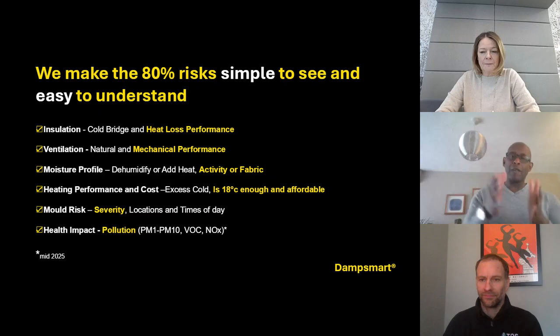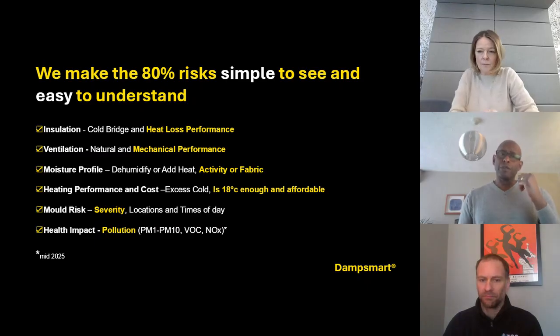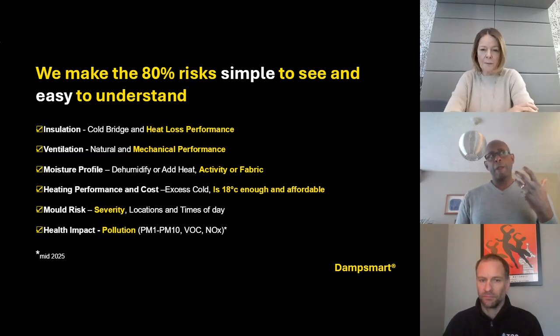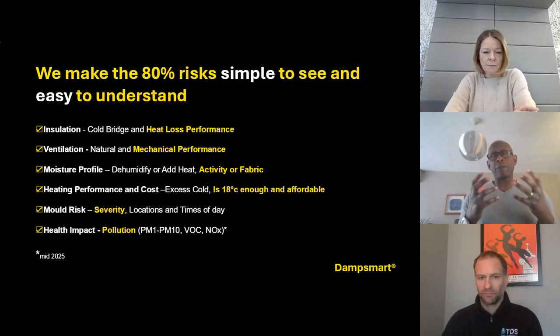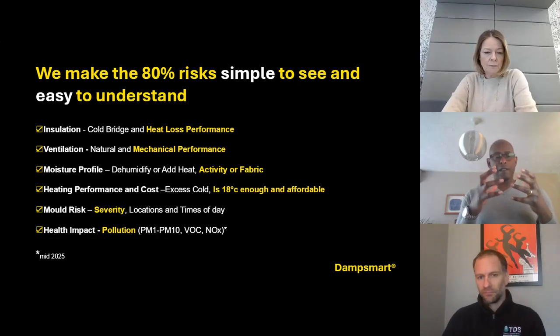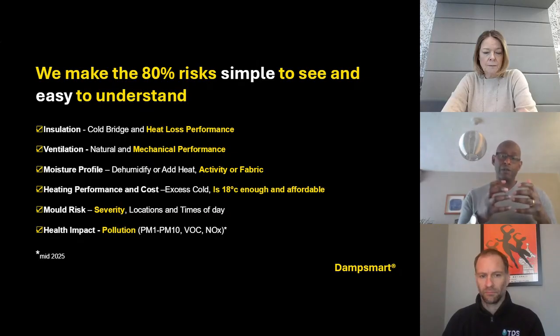So maybe in the cavity where there's likely to be condensation in there. But also ventilation, the moisture profile, and through that moisture profile, we can then determine, is it better to dehumidify, take moisture out of the air, or is it better to just heat the air instead?